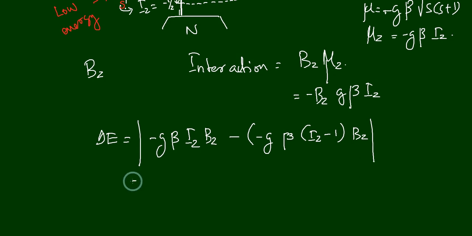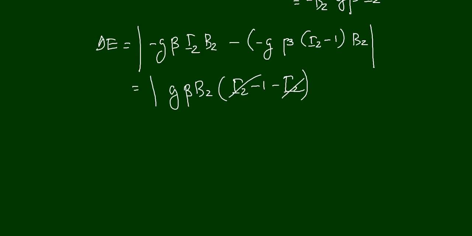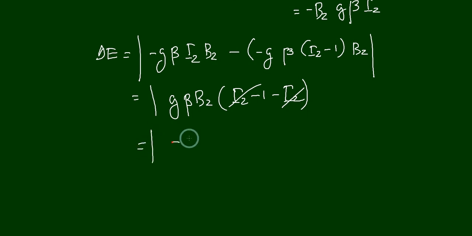Minus of minus is positive. So that is equal to G into beta into Bz, these are common factors, into Iz minus 1 minus Iz. Iz and Iz are cancelled, and what is remaining is the modulus of minus G beta into Bz, that is equal to modulus G beta into Bz.